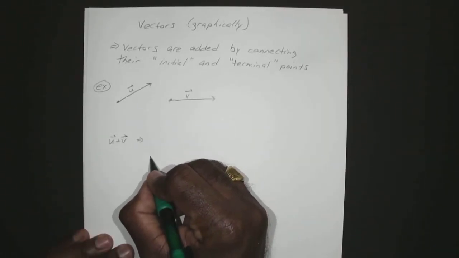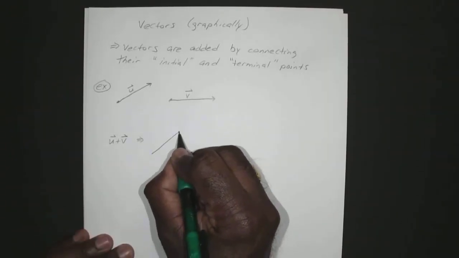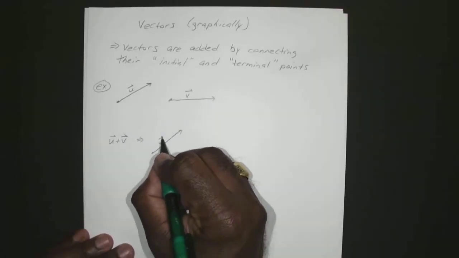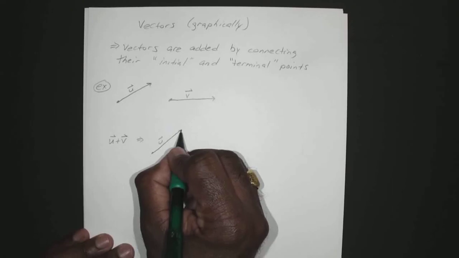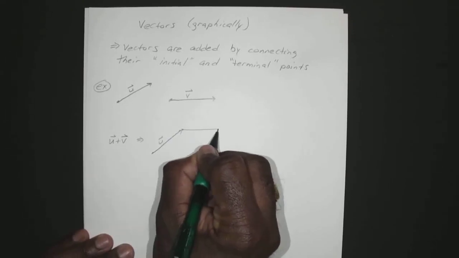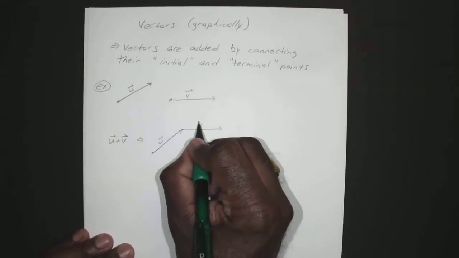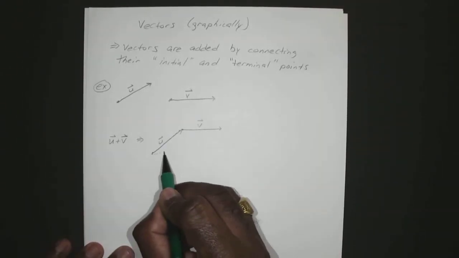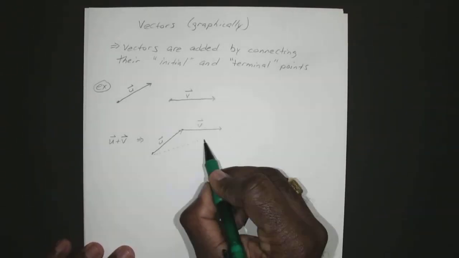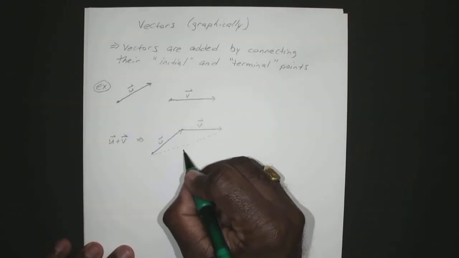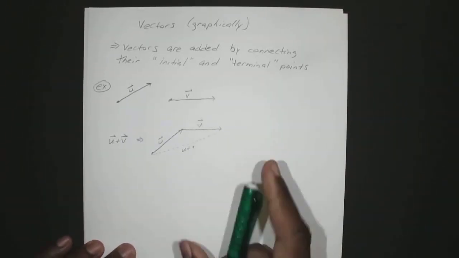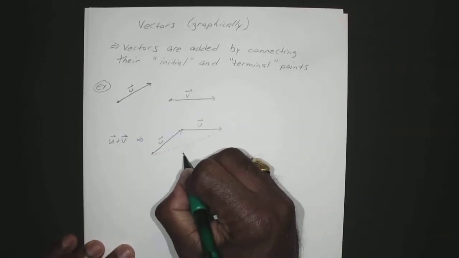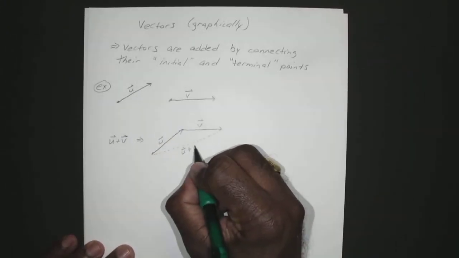So that would be vector u. Try to draw it as close to it as possible. And vector v just connects right to the endpoint. So this line right here becomes our u plus v. Vector u plus vector v.